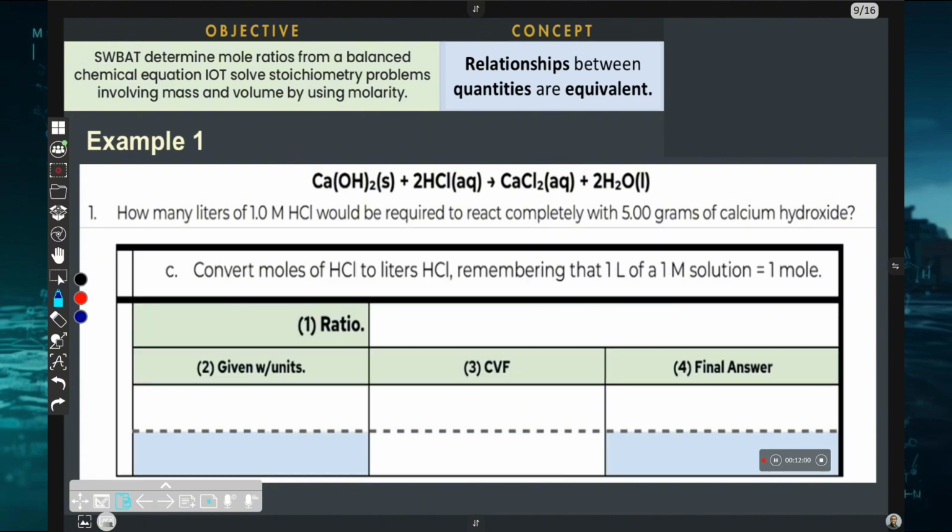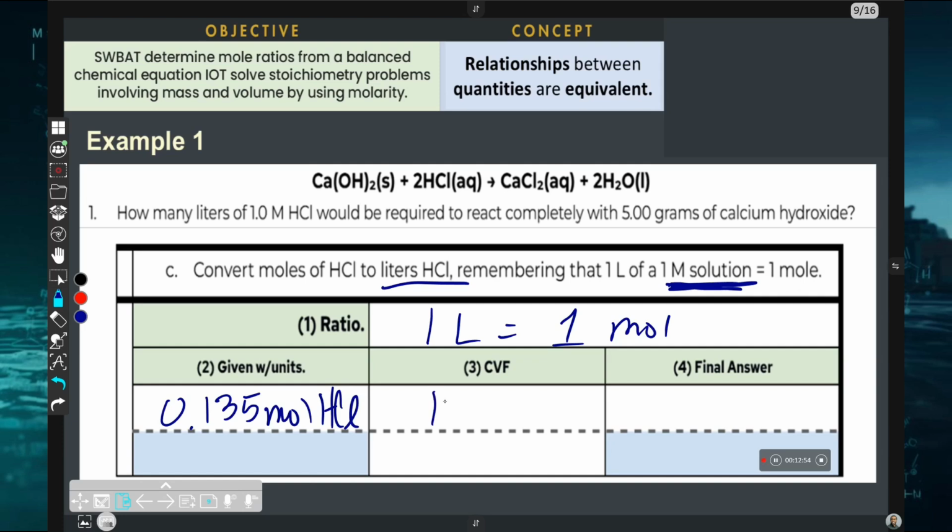So the final step is that I've got to take the 0.135 moles of HCl to liters of HCl, or hydrochloric acid, remembering that 1 liter of a 1 molar solution equals 1 mole. So that means the conversion factor here is 1 liter is equal to 1 mole.